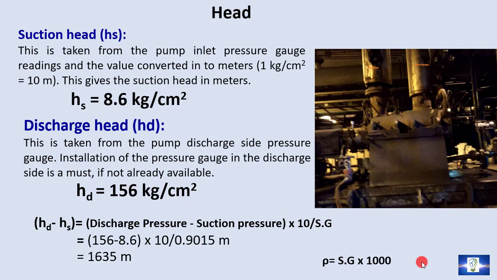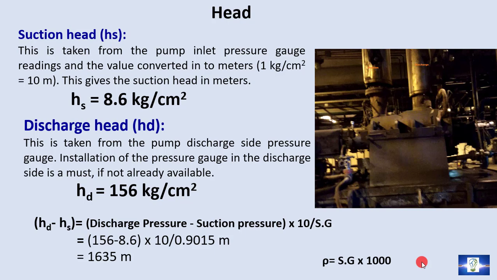Now coming to head, meaning BFP pressure. The suction pressure of the BFP is measured as 8.6 kg per centimeter square, and the discharge pressure is measured as 156 kg per centimeter square. That means HD minus HS is equal to (discharge pressure minus suction pressure) times 10 divided by the specific gravity of the water in the operating condition.